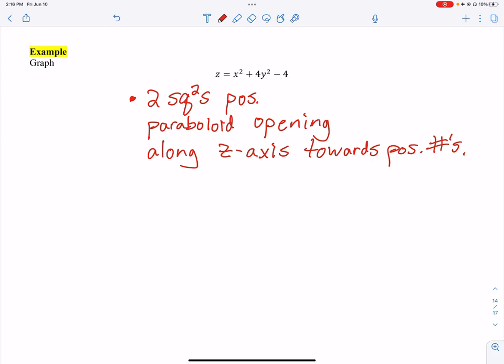You can tell because there are two squares, and maybe you're wondering what that is. Well, if we just think about moving that over, I'm going to put the x squared plus 4y squared first, we get z plus 4.